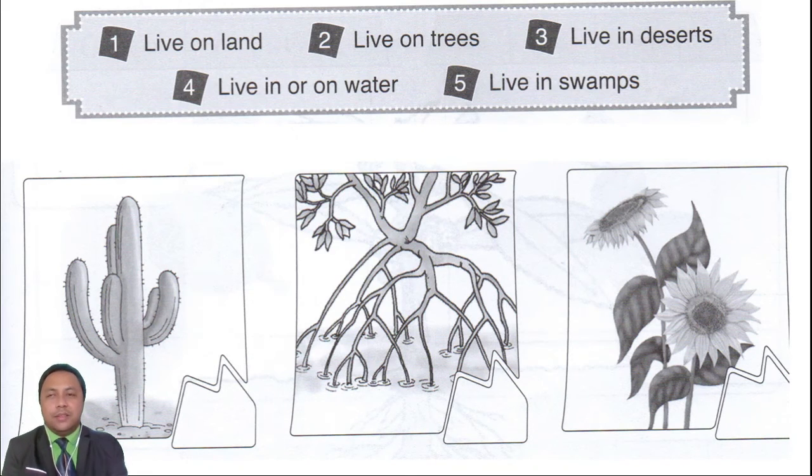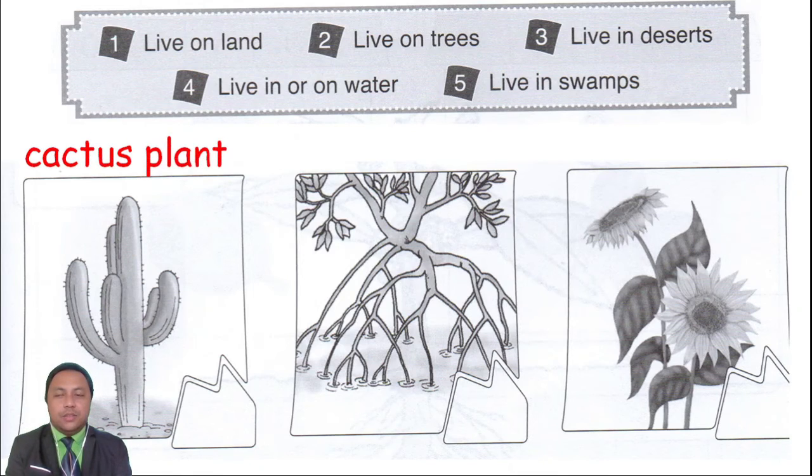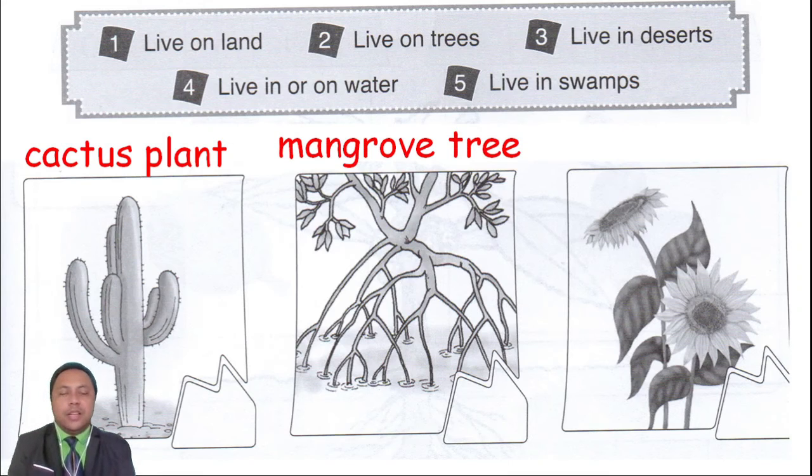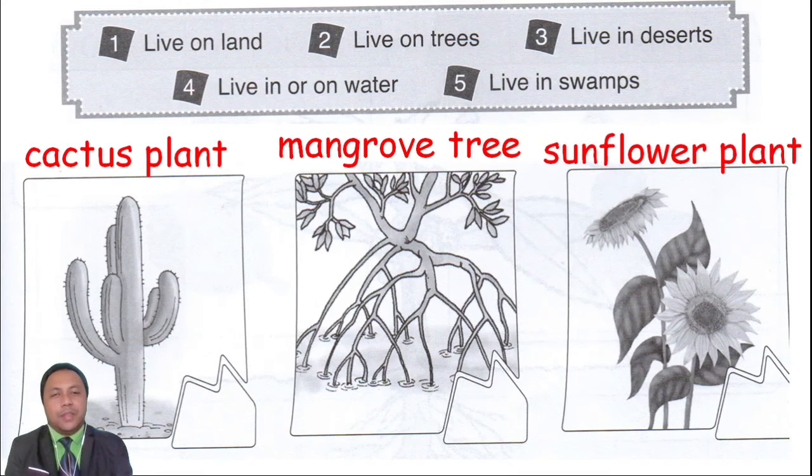Next, we have cactus plant. Yes, very good. You still remember. Next, we have mangrove tree. Very good. Next, we have sunflower plant. So for cactus plant, where does a cactus plant live?